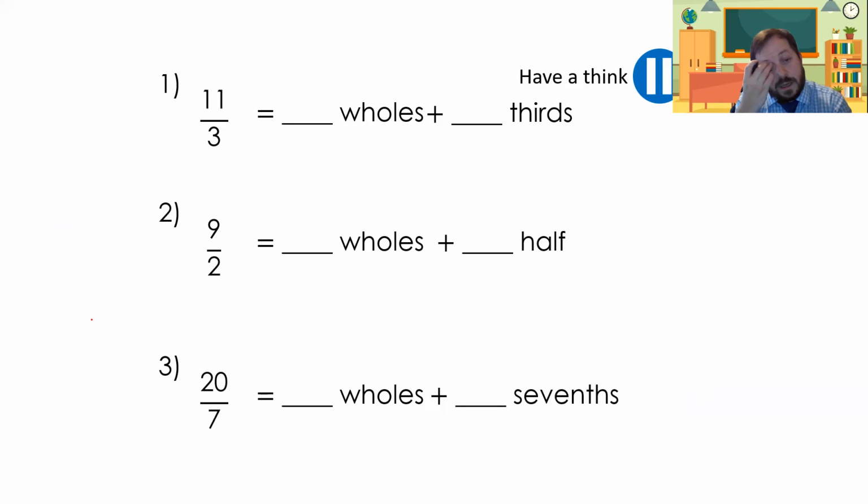Okay, so 11 thirds. Now we think, okay, let's divide 11 by 3. 3 goes into 11, 3, 6, 9, can't get to 12. So 3 whole ones, and then I have 2 left over, so that'd be 2 thirds. 9 divided by 2, I can fit 4 whole ones in with 1 left over. 20 divided by 7, or 20 sevenths.